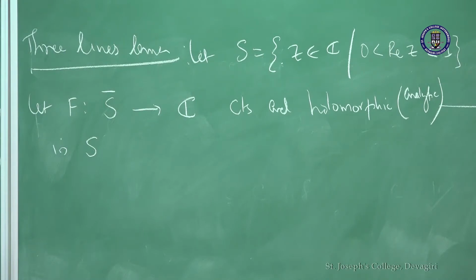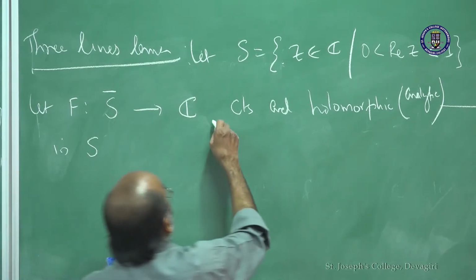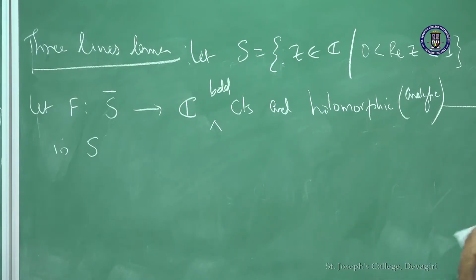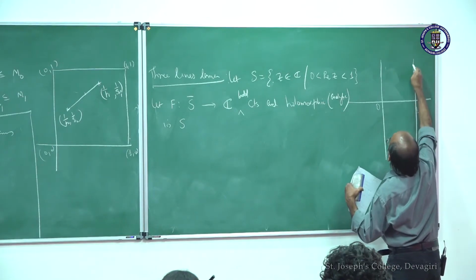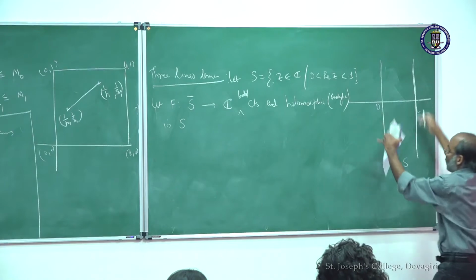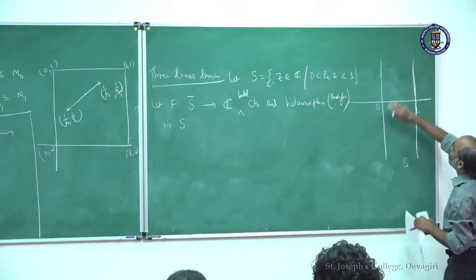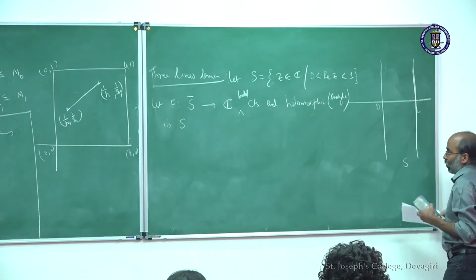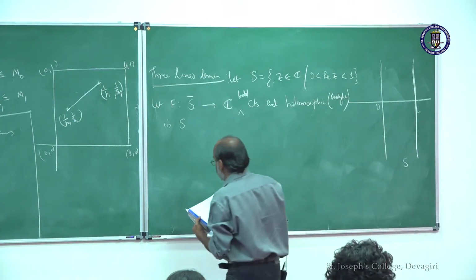So let me see if it is bounded. So F is a bounded continuous function on S closure. That means it is continuous on the whole closed strip, and holomorphic in the interior, in S.